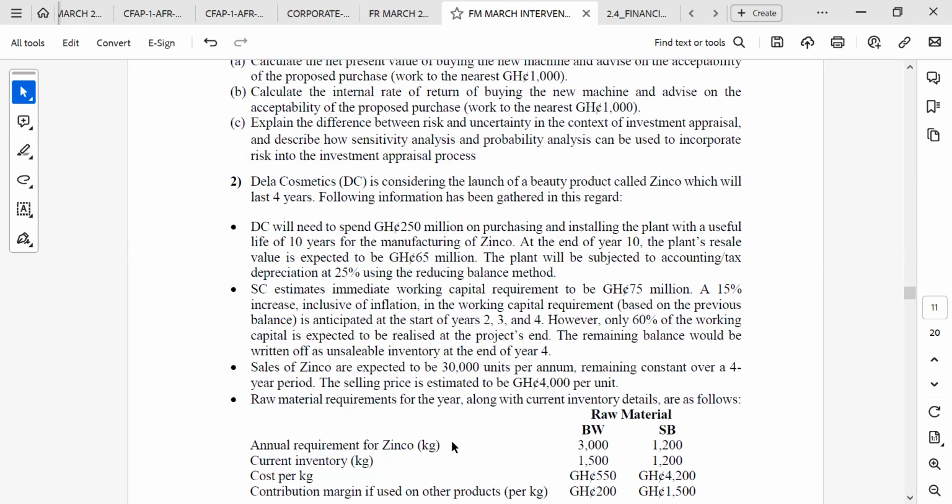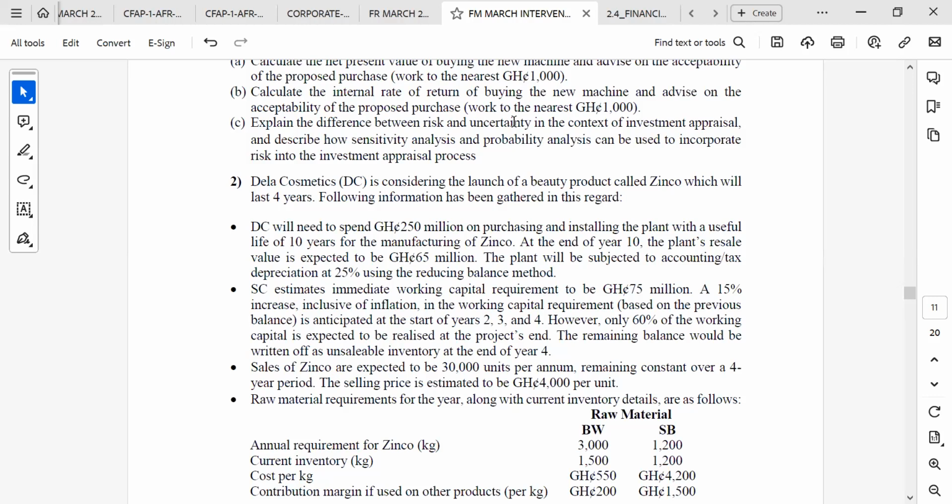However, only 60% of the working capital is expected to be realized at the project's end. The remaining balance would be written off as unsellable inventory at the end of year 4. Sales of Zinco are expected to be 30,000 units per annum, remaining constant over a 4-year period. The selling price is estimated to be 4,000 Ghana cedis per unit. The raw materials requirement for the year, along with current inventory details, are as follows.